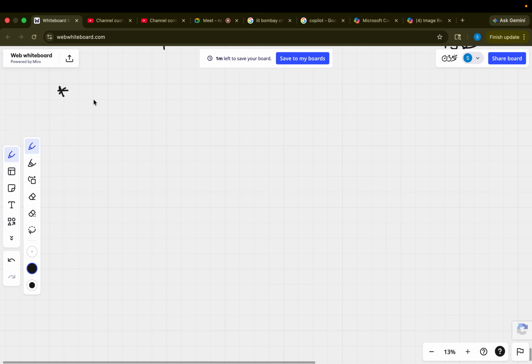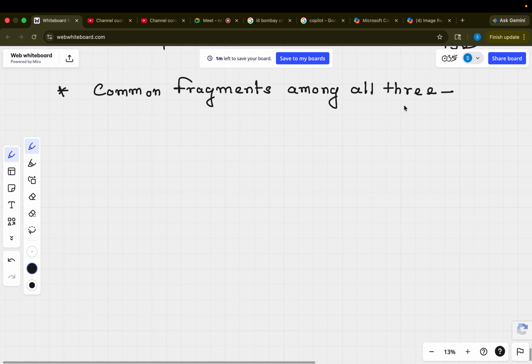Now write down this question: common fragments among all three. Okay, common fragments among all three. So I am drawing some complexes here.